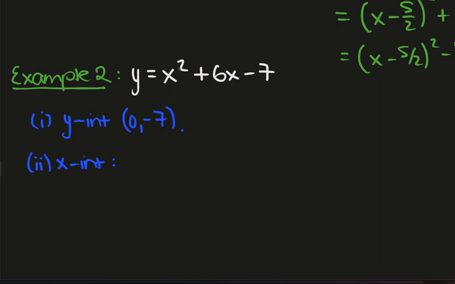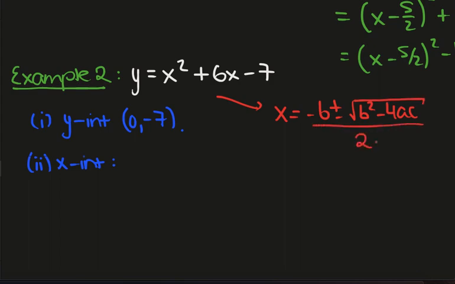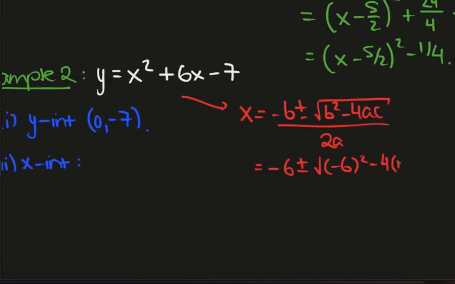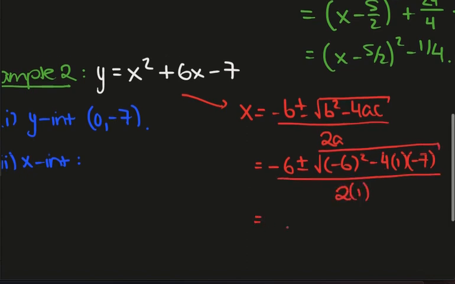So remember, the quadratic formula is negative b plus or minus the square root of b squared minus 4ac, divided by 2a. So here we get negative 6 plus or minus the square root of negative 6 squared minus 4 times 1 times minus 7, all of that divided by 2 times 1.